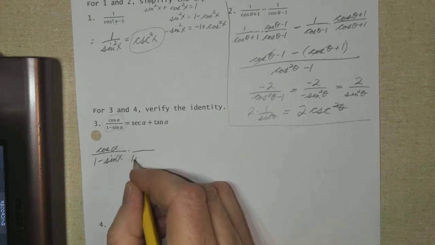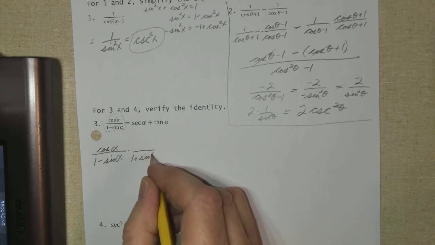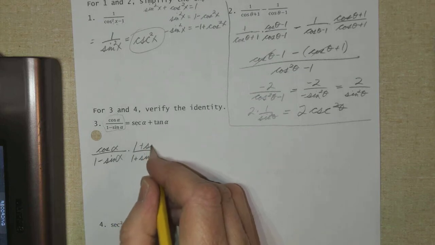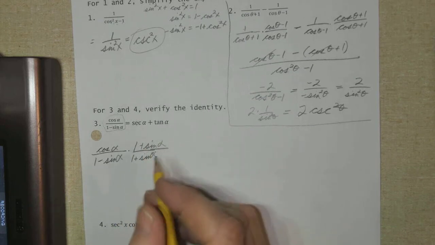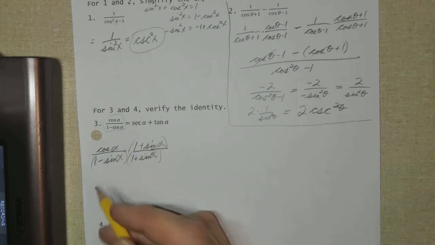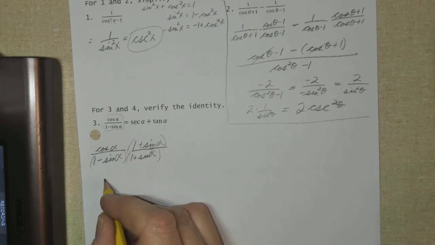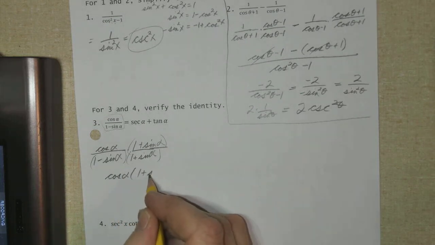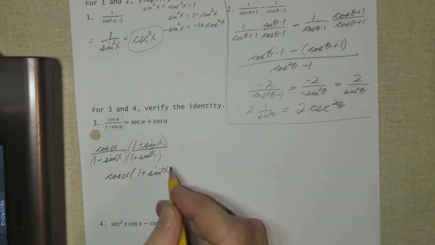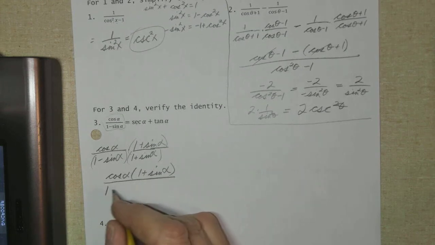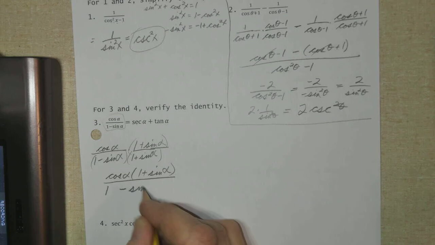Multiply this by 1 plus sine alpha. And that gives me cosine alpha times 1 plus sine alpha over 1 minus sine squared alpha.